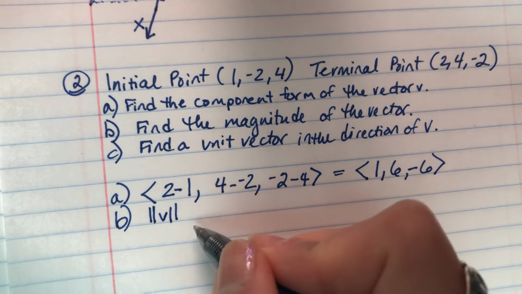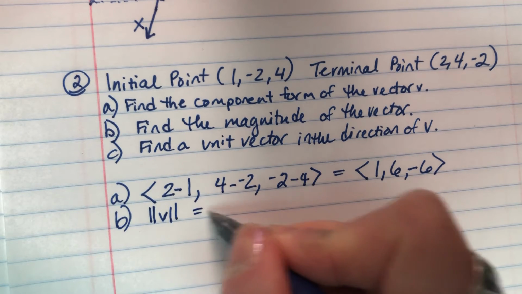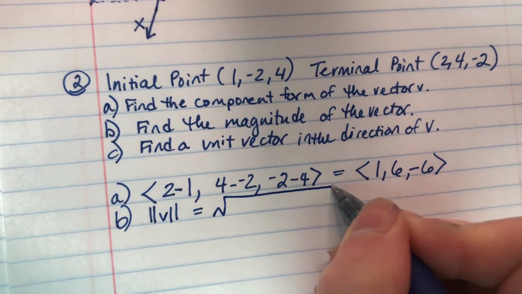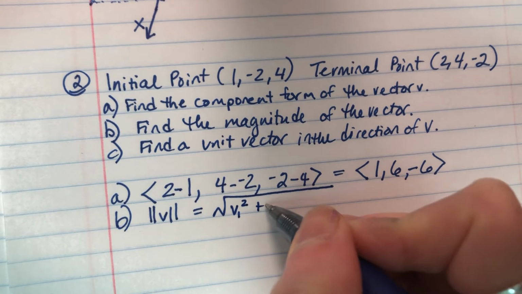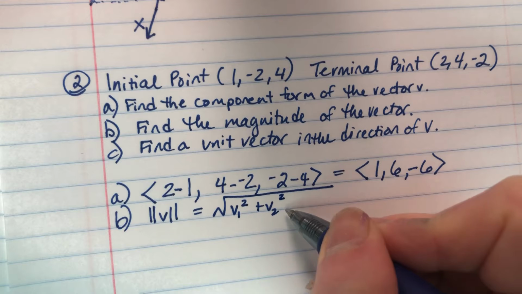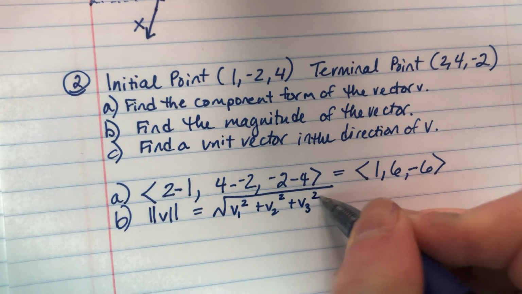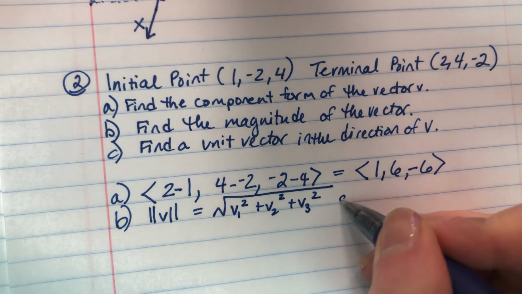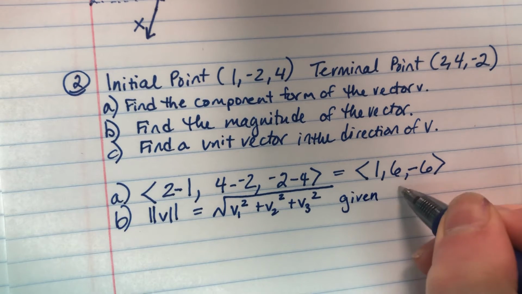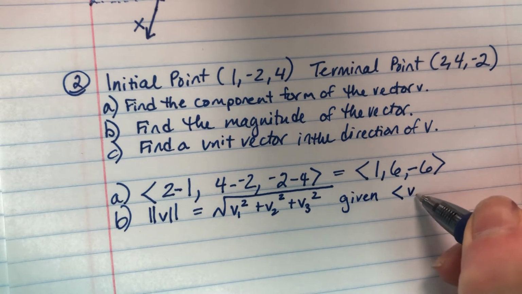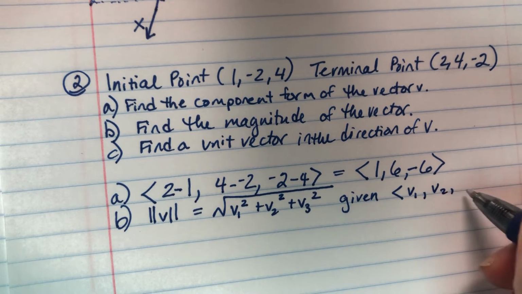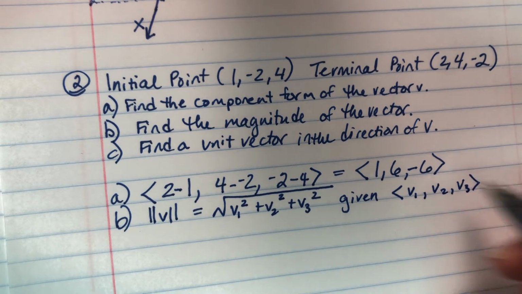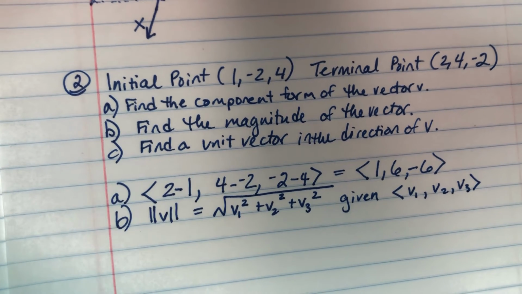This notation means the magnitude of v, and it's going to equal the square root of v sub 1 squared plus v sub 2 squared plus v sub 3 squared, given your vector in component form with pieces v sub 1, v sub 2, v sub 3, which is what we just found in part A.